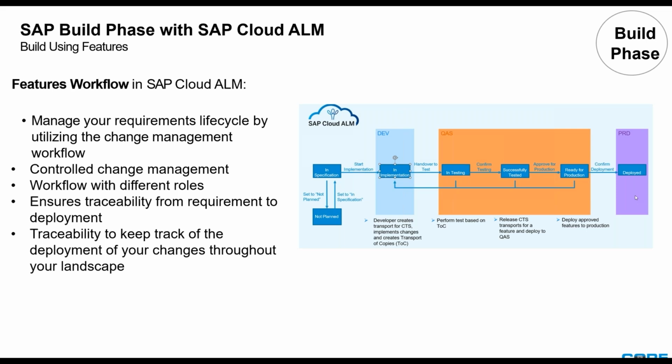So you'll have full control of any changes that are intended to go into the next environment by having specific roles assigned to only users that are responsible for or have the approval privileges to import those changes in the next environment.